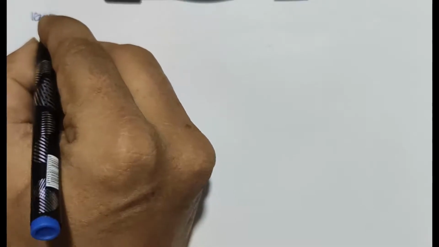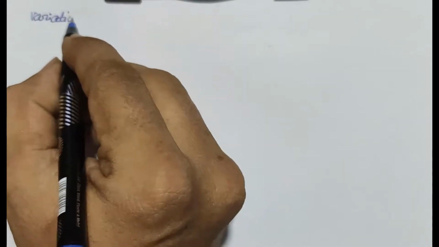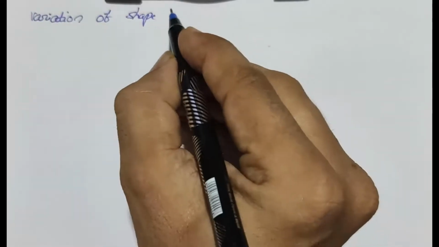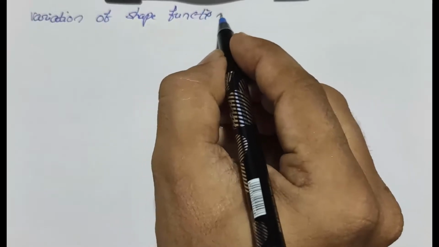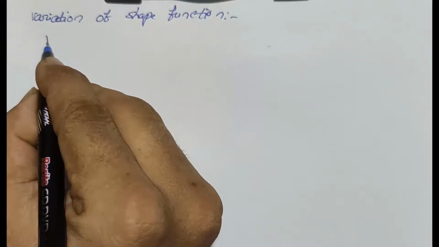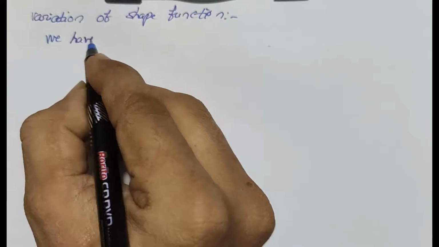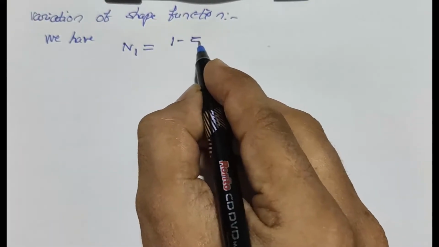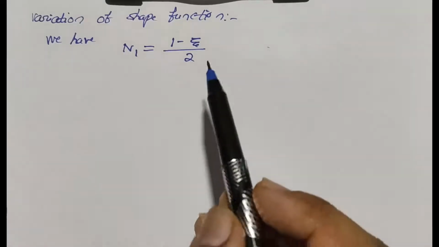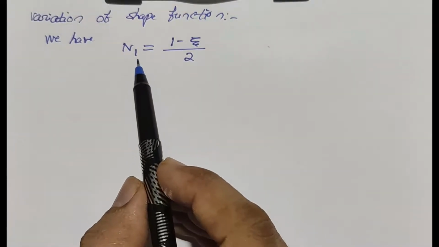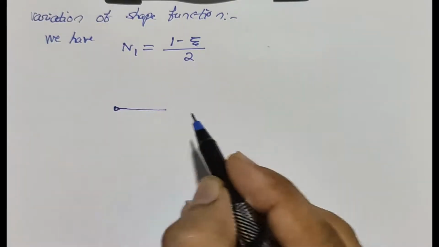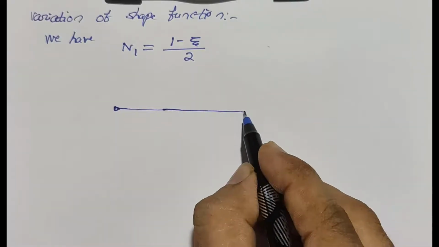Next, we will draw the variation of shape function. We have the shape function N1 is equal to 1 minus zeta by 2. We will plot the variation of shape function N1 along the length of the element. This is the 1D bar element made up of two nodes.